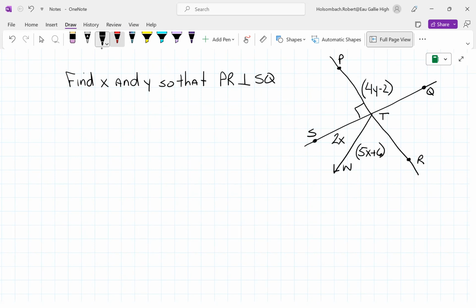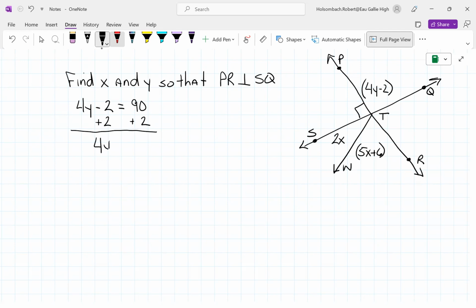So let's start with the y. What does the 4y minus 2 have to equal? For the 2 segments or lines to be perpendicular, doesn't that angle need to measure 90 degrees? So our 4y minus 2 has to equal 90 degrees. So we add 2 to each side.